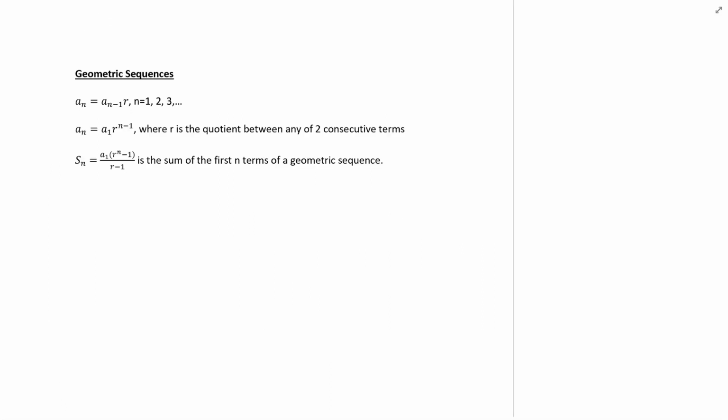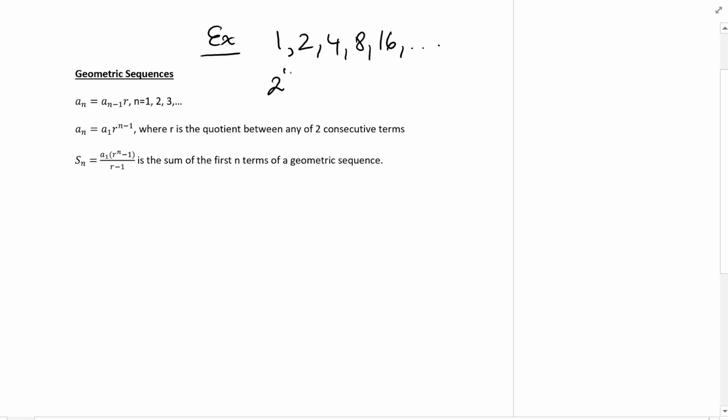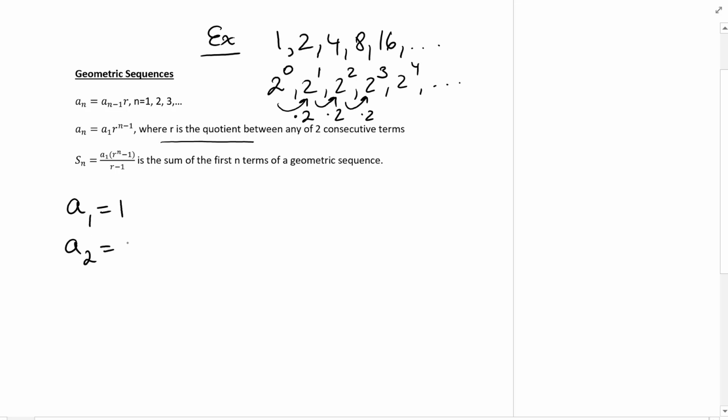Now, geometric sequences. A very common example of a geometric sequence is 1, 2, 4, 8, 16, and so on. It's basically 2 to the 0, 2 to the 1, 2 to the 2, 2 to the 3, 2 to the 4, and so on. So to get from one term to the next one, we multiply by 2, which is called the common ratio. So a sub 1 is 1, a sub 2 is 2 to the first, a sub 3 is 2 to the second.